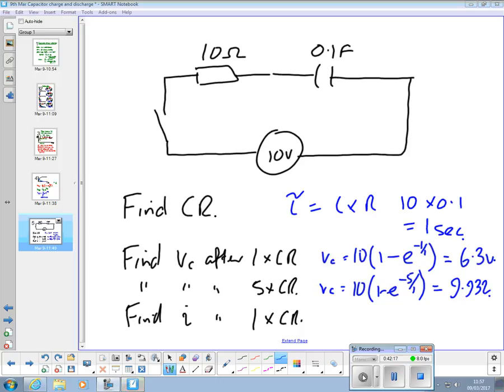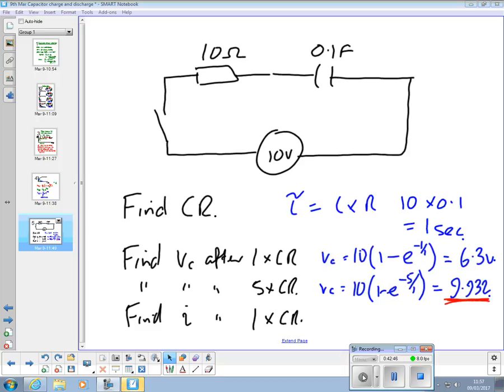Okay, call me a liar for 0.06 of a volt. But you get my point. After another second, that'll be 63% of the way between 9.932 and 10, i.e. not very much. So that point there is considered to be, to all intents and purposes, fully charged.